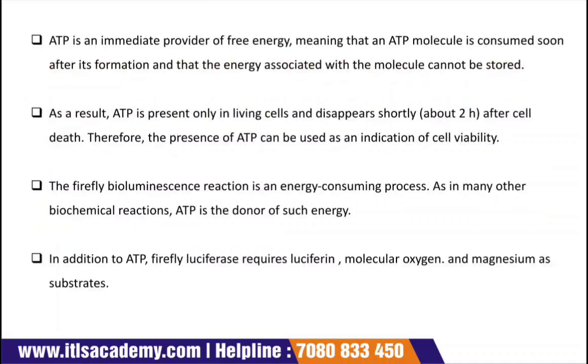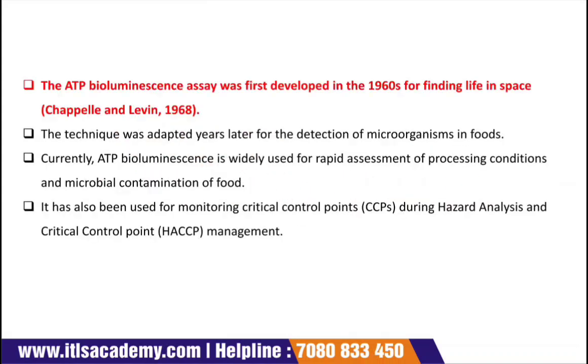Now, it has the capability that the presence of ATP can be used as an indication of cell viability. So after so many years, this technique is used in food industries. Why is it used in the food industries? Because of its ability to detect microorganisms in foods.